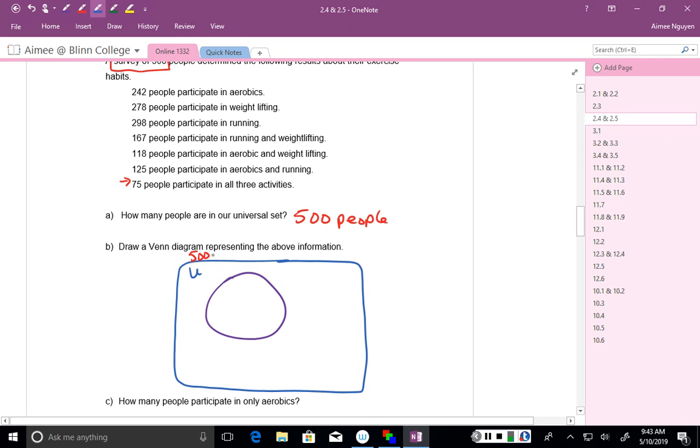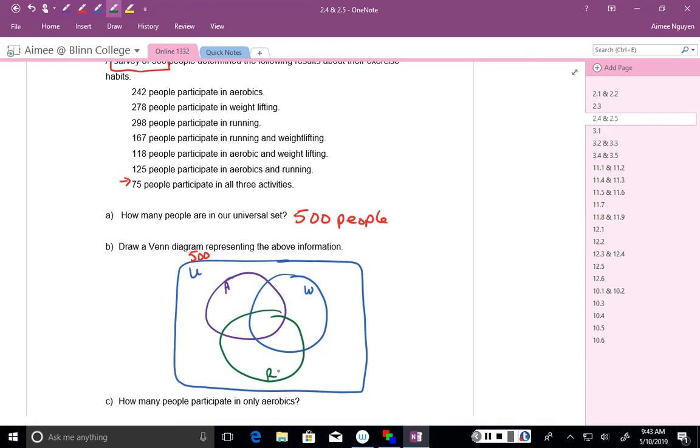So we'll call this one my A for aerobics, and then we'll have W for weightlifting, and then down here we'll have R for running. The order is not really important. The numbers will still go in the same spots, and you'll still get the same answers, but if you want it to look like mine so that you can follow along, that's how you'll want to make it.